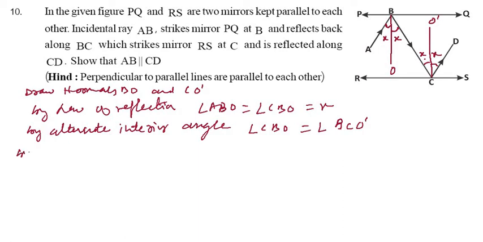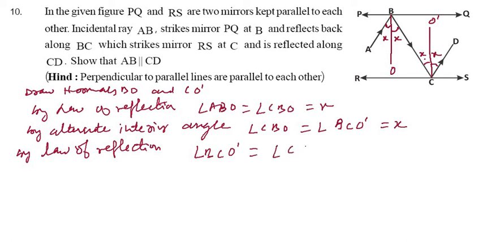Once again, by law of reflection, it will also be X. So angle BCO dash will be equal to angle DCO dash, and that is also X. So angle ABC will be equal to X plus X, that means 2X.